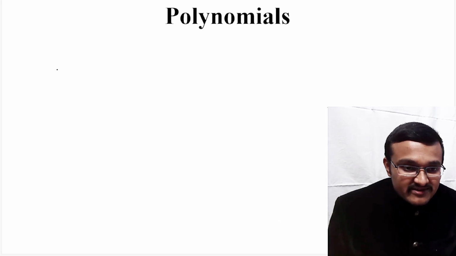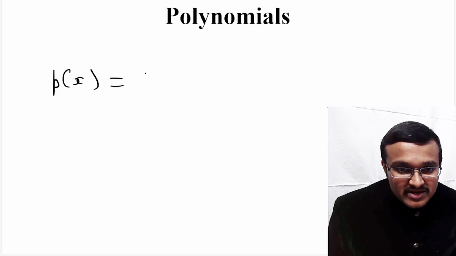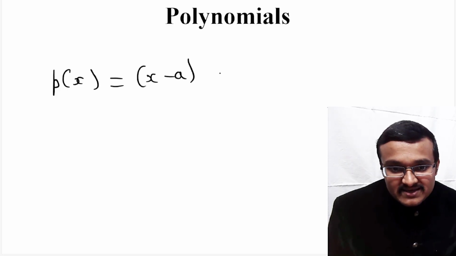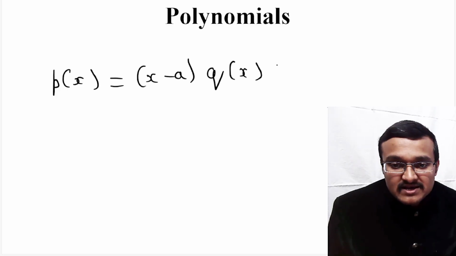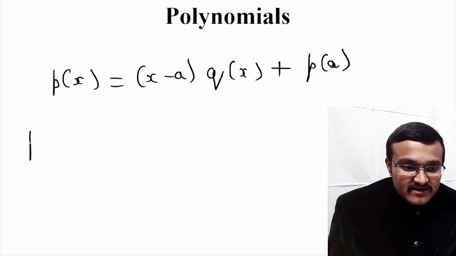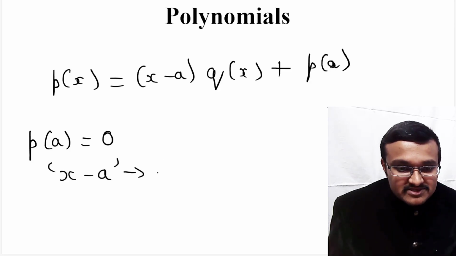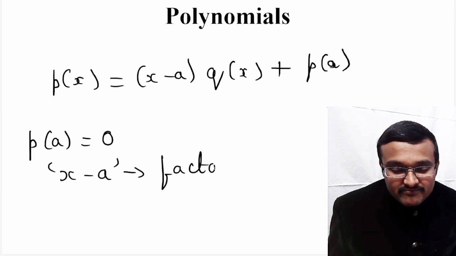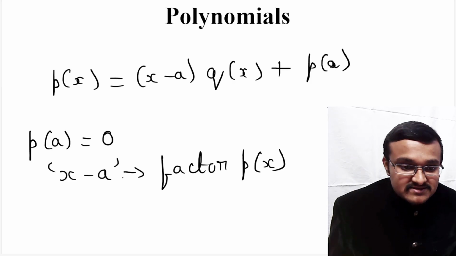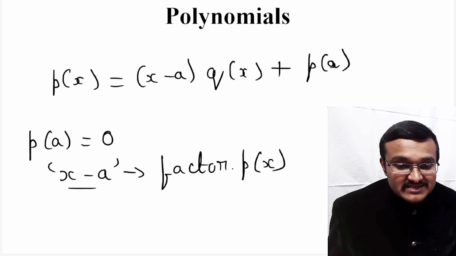Similarly, here in the place of dividend, we are taking polynomial p of x, which is equal to divisor, that is x minus a, into quotient, that is q of x, plus remainder, that is p of a. So whenever p of a becomes 0, then x minus a becomes the factor of p of x.